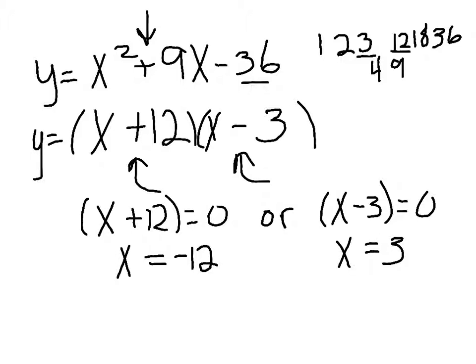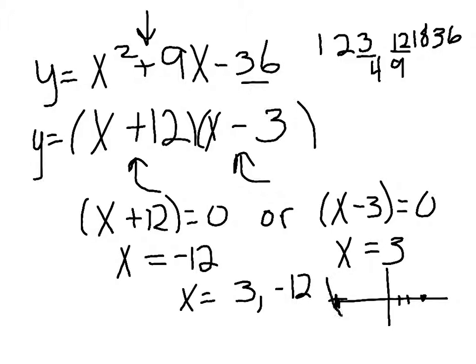That means my solutions are 3 and negative 12. So again, if I graph this, it would go through the points 3 and negative 12. So I have some sort of graph like that.